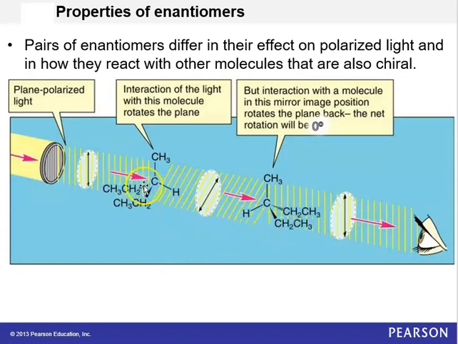So one form will polarize light, or turn light, in one direction. The other will do that in the exact opposite direction, by an equal amount. So if you have a racemic mixture, or an even mixture of these compounds, when you put light through them, they actually won't be polarized. But if you can purify these 2 different forms out, you'll be able to polarize light in different ways.